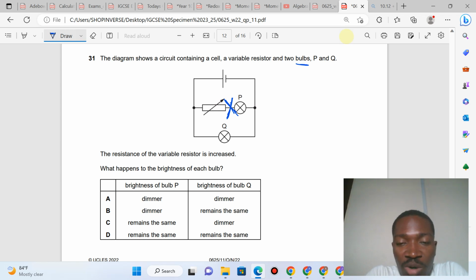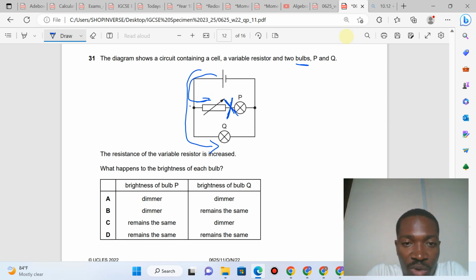Some of the current will go this way, while the one that flows the other way remains the same. It is the one going through lamp P that is reducing. That's why the brightness of Q remains the same, while P will be dimmer. That makes B the correct answer to question 31.